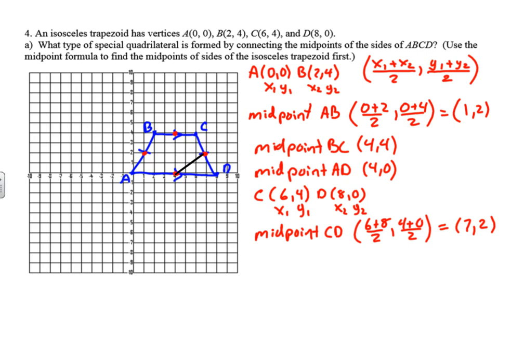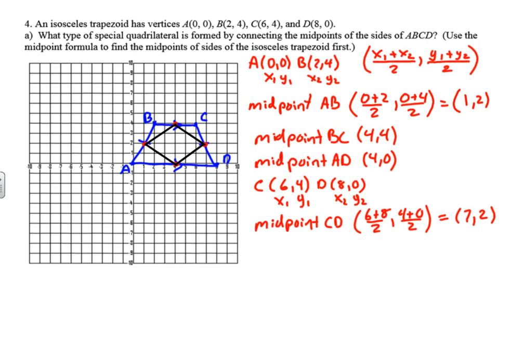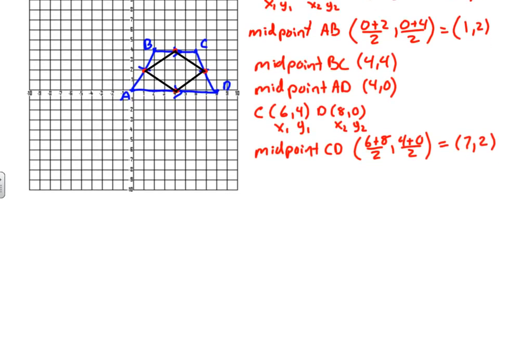So if we look at this, here, here, here, and here. What type of special quadrilateral is formed by connecting these? Sometimes it's helpful to have a little bit of an idea of what is going on. To help me do that, I'm going to count out the rise and run.